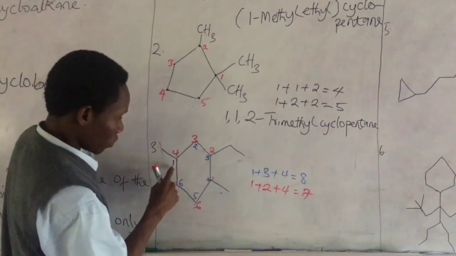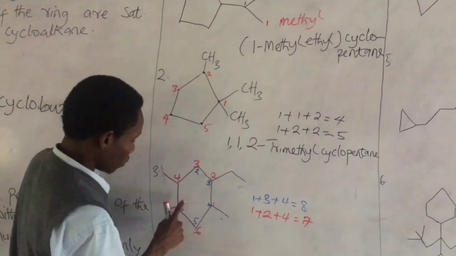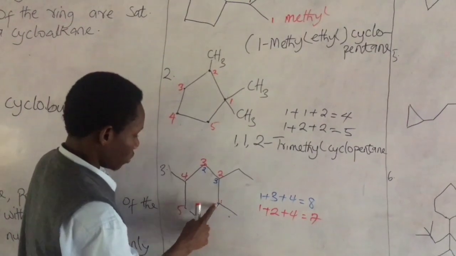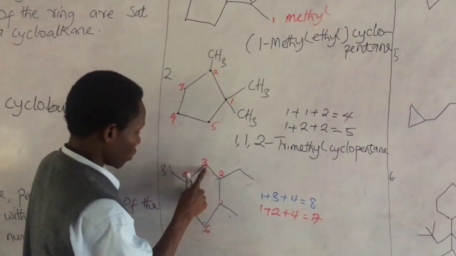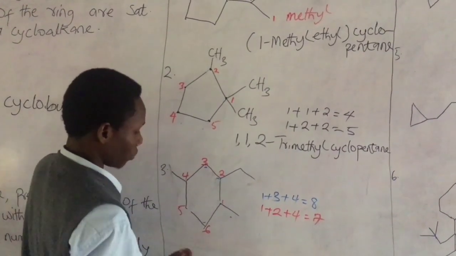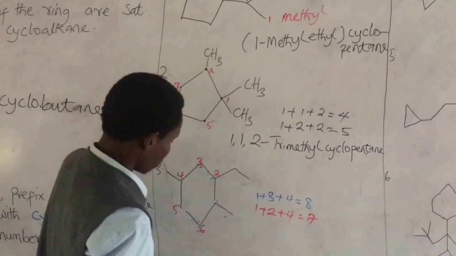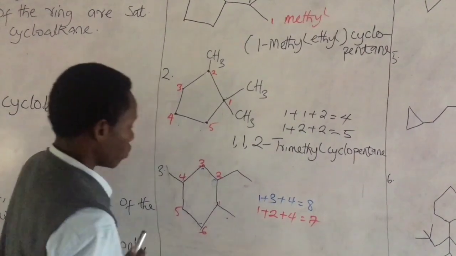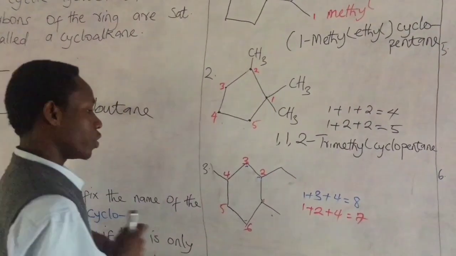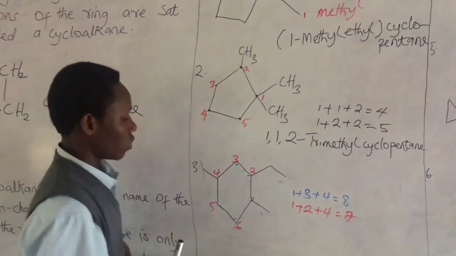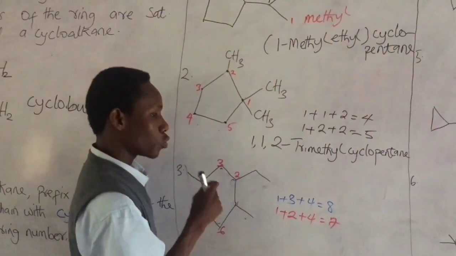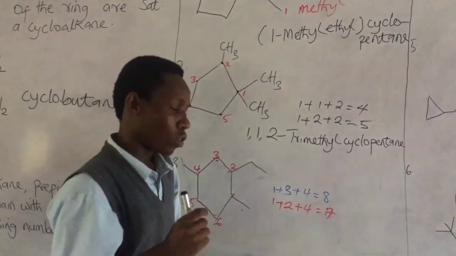Therefore, let's erase this. Get a black marker. Do this very well. What then will be the name of this compound? We all know that in nomenclature we are supposed to name in alphabetical order.